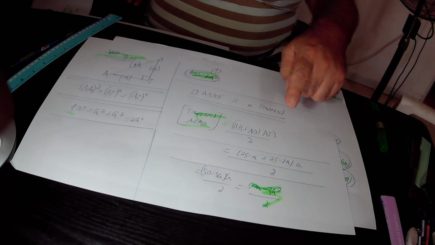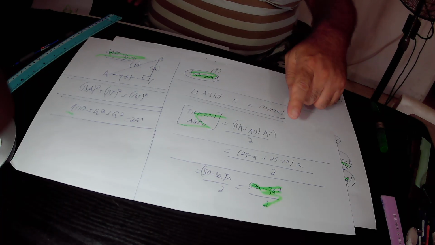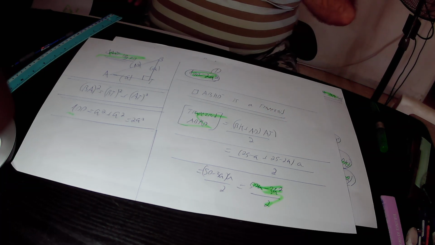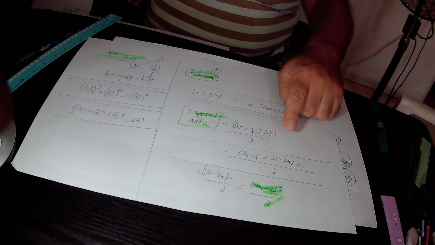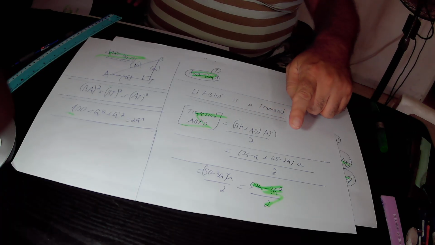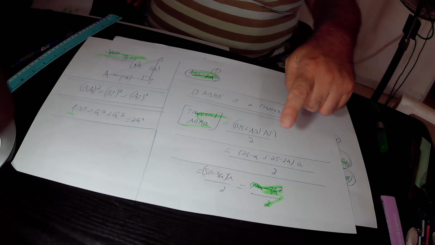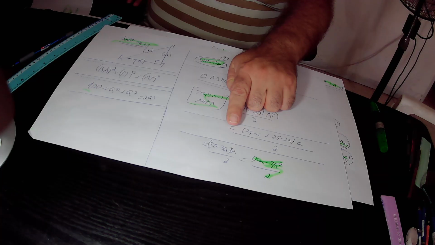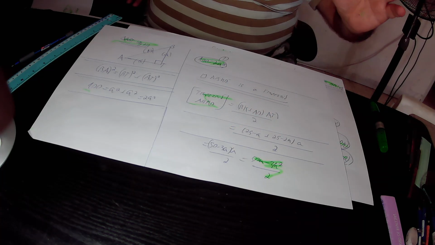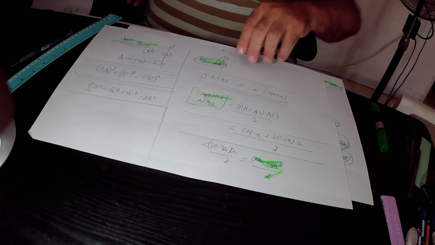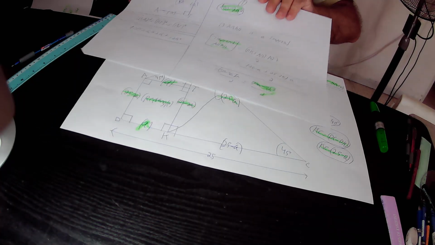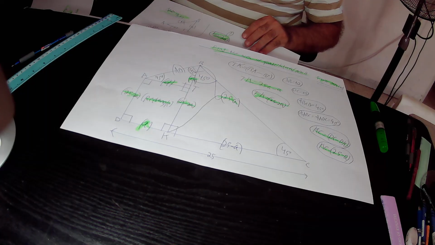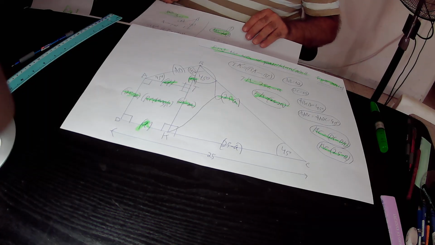BK is 25 minus A, plus AD is 25 minus 2A, times AT, this is A, divided by 2. 25 plus 25 is 50, minus A minus 2A is minus 3A, times A, divided by 2. We open the brackets and find that 50A minus 3A squared over 2 is the area of trapezoid ABKD.